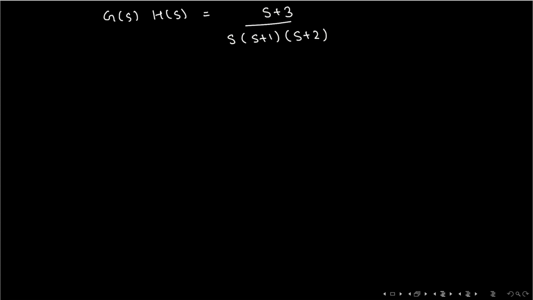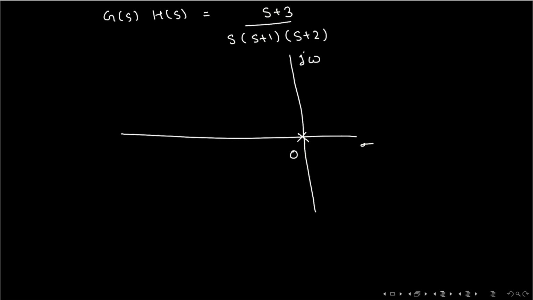From the forward loop transfer function, we will try to plot the pole-zero locations. So we have a pole at 0, then a pole at -1, again a pole at -2, and a zero at -3.